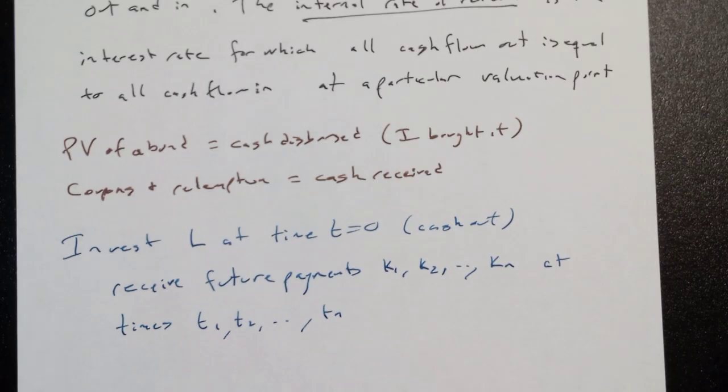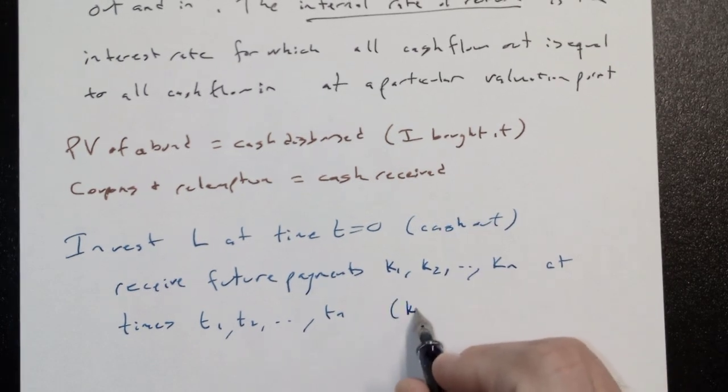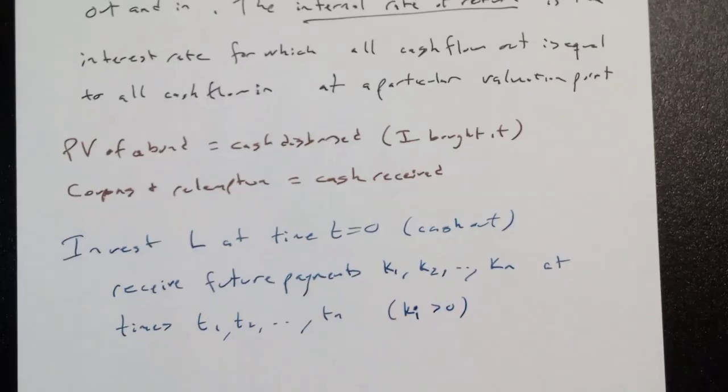Let's assume that the repayment schedule for that investment, or the earnings schedule, isn't regular. It doesn't have to be regular, it could be irregular. So I'm going to have payments K1 through Kn at times T1 through Tn respectively. And each of those payments coming in is a positive number. So I don't think of paying out more money at this point in time.